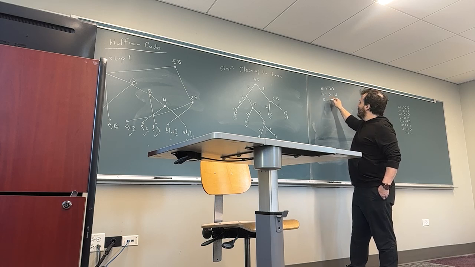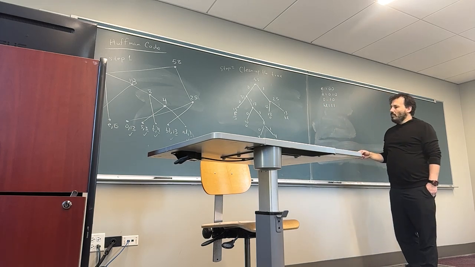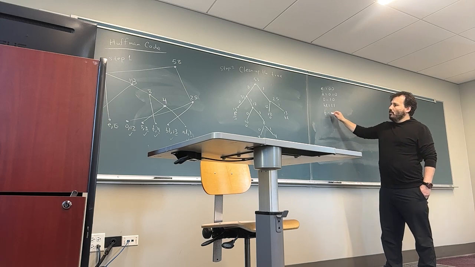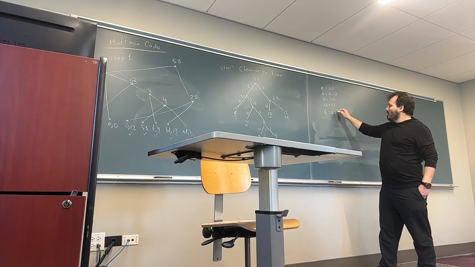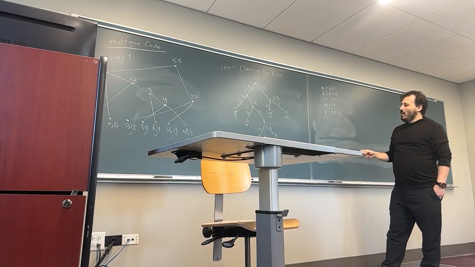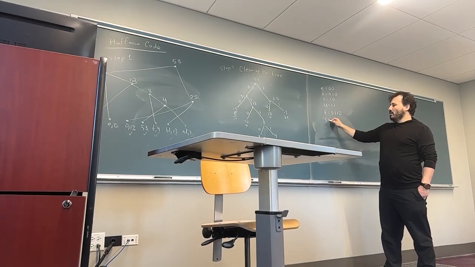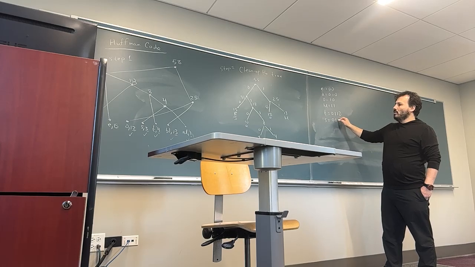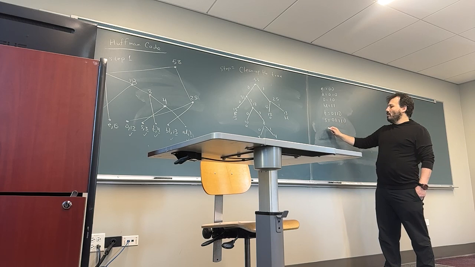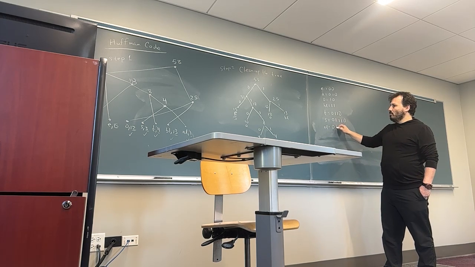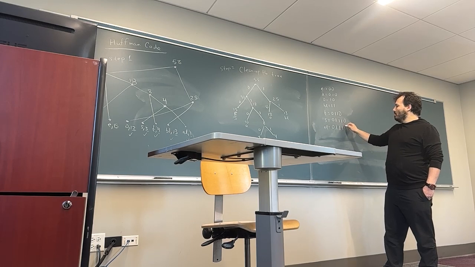O will be 1, 0. BL will be 1, 1. T will be 0, 1, 1, 0. S will be 0, 1, 1, 1, 0, and NL is 0, 1, 1, 1, 1.